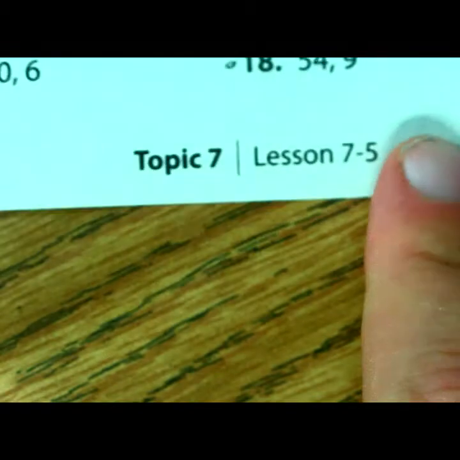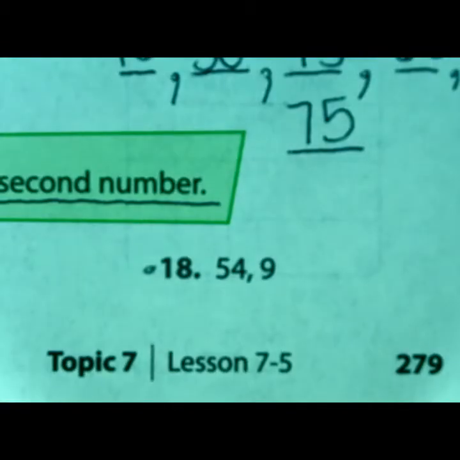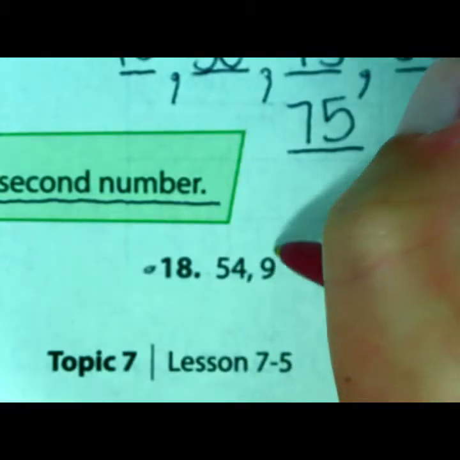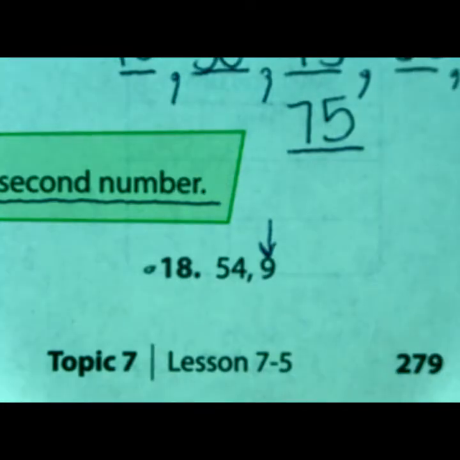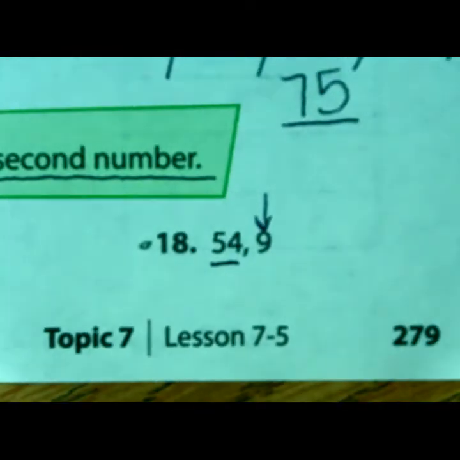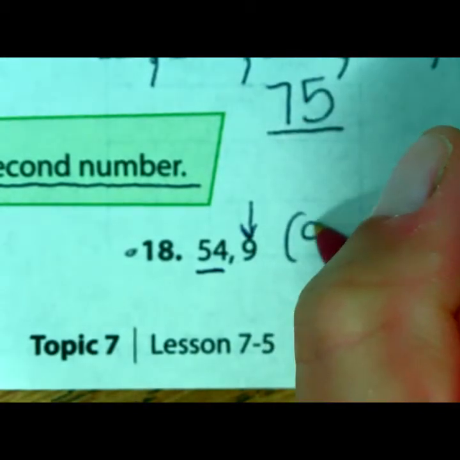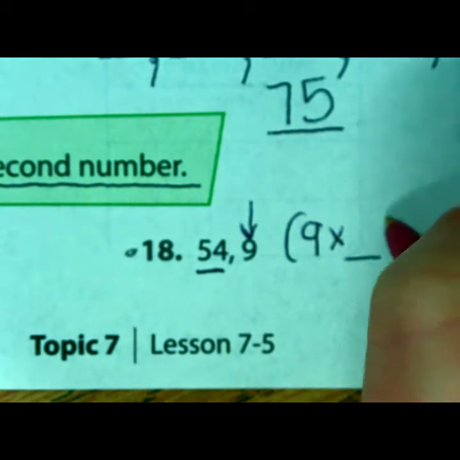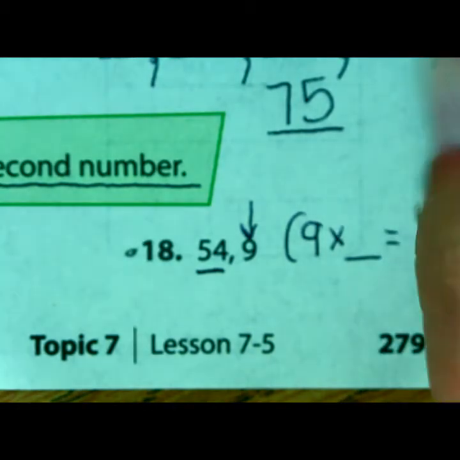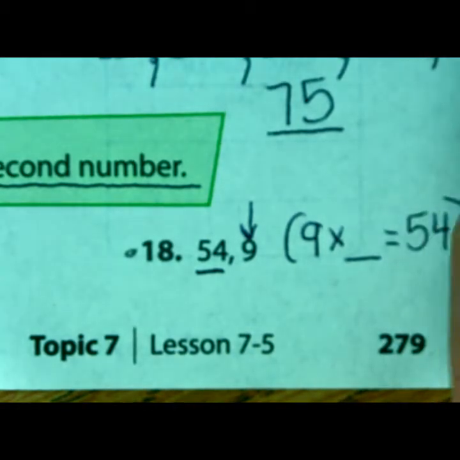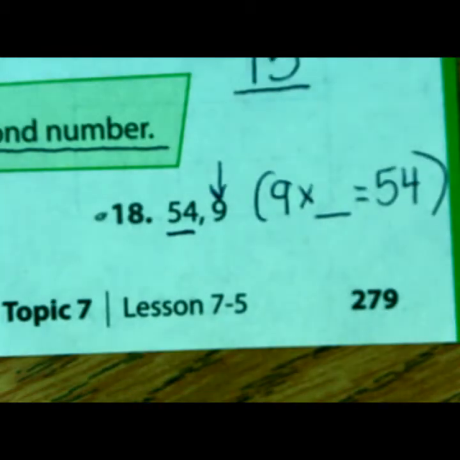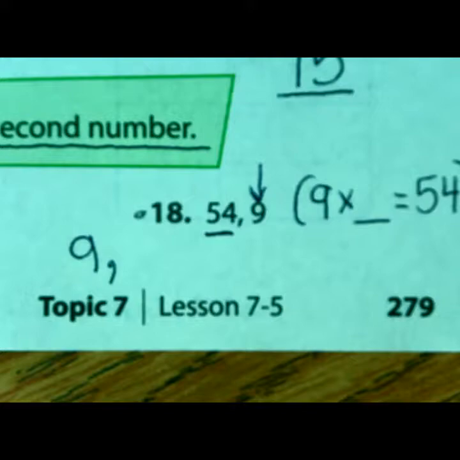Let's look at the last example on this page, number 18. So if we skip count by 9s, will we eventually arrive at the multiple 54? So many of you are thinking now basic facts, meaning in your brain, you're asking yourself, is there a number that I can multiply by 9 that is equal to 54? Those of you that are studying your facts a lot, then you know that yes, there is.